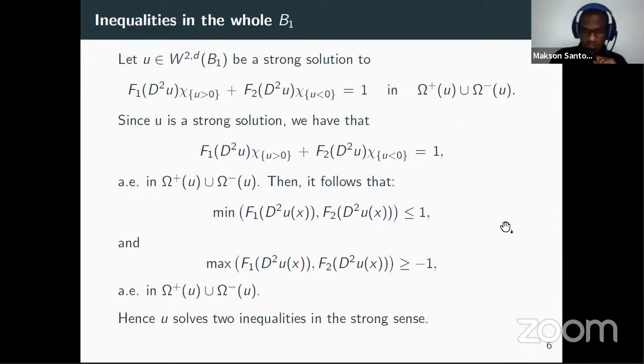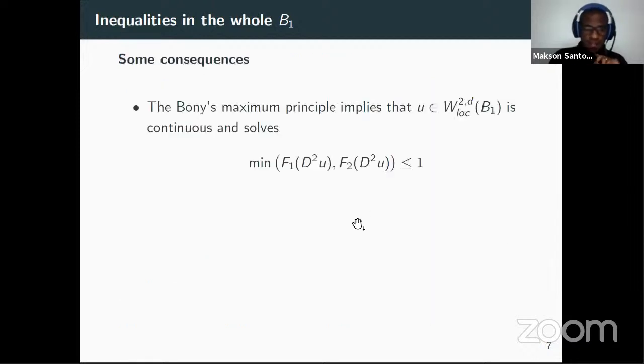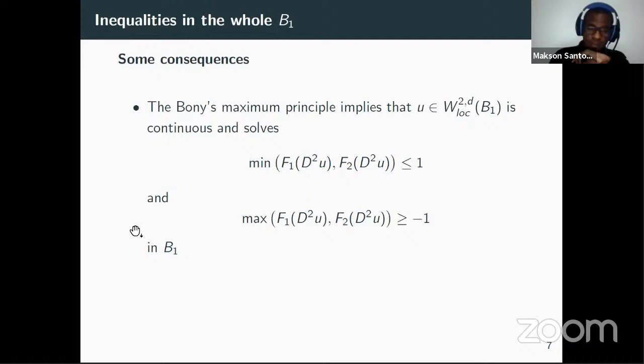And because of this, we have some consequences. The first one is that by the Bony maximum principle, as stated by Lions and used by Caffarelli, Crandall, Kocan, and Swiech, we have that U is actually continuous and solves this equation here, now in the whole B1, in the whole set, and in the viscosity sense, okay?